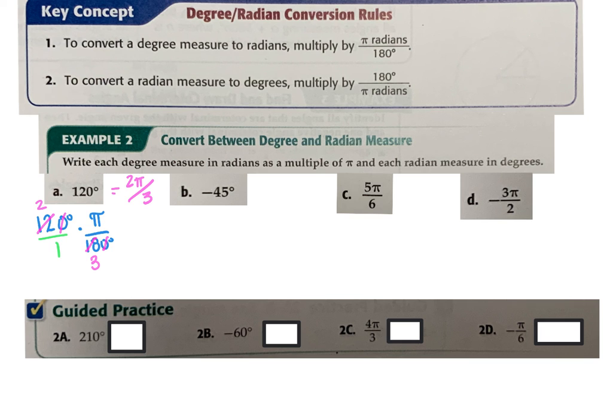Negative 45 degrees. If it is negative, you keep it negative. So we're going to keep that as a negative. So we're going to say negative 45 times pi over 180. What goes into 45 and into 180? If you don't know a large, start with a small. This ends in 5 and 0.